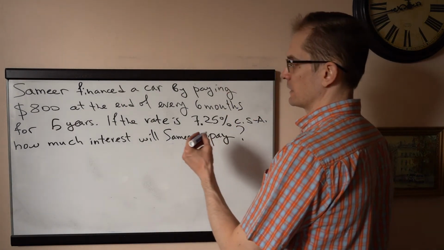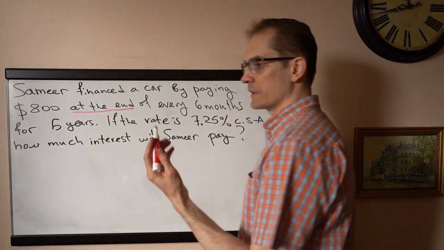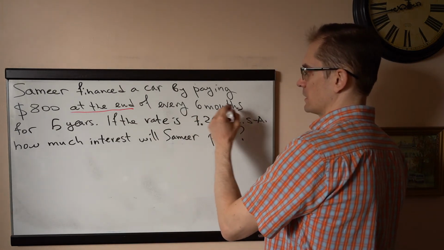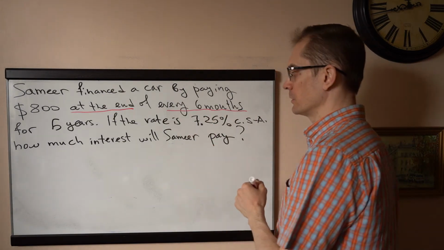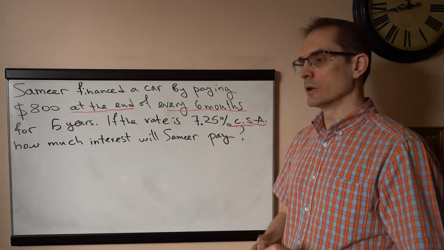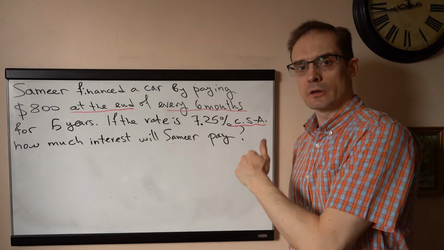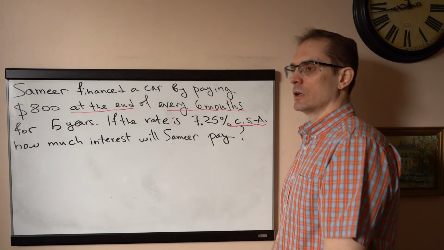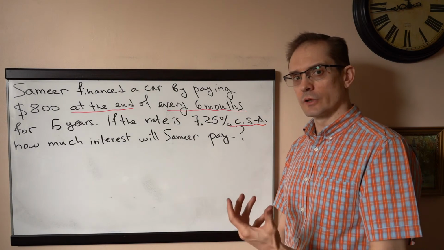The $800 is paid at the end, which makes the annuity ordinary, and the payments are made every 6 months, which is twice per year, and the rate is compounded semi-annually, which is also twice per year. So we have 2 times per year for payments and 2 times per year compounding, which makes the annuity simple. So it's again an ordinary simple annuity, which allows us to use our formulas for annuities.